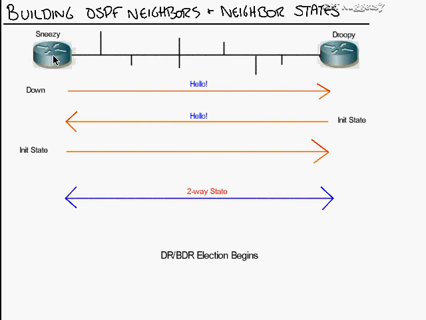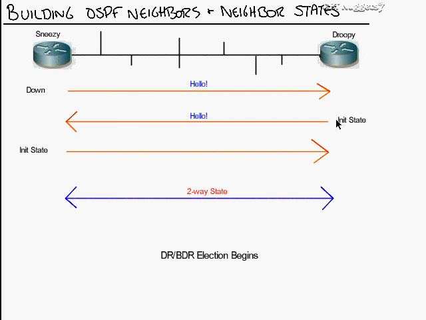I have two routers here. I have Sneezy and Droopy, and they're going to be communicating across a broadcast network. Here's the way it works. This one's down, and let's say we just enabled OSPF, and it sends its first hello message. It happens to reach Droopy before Droopy sends another hello message back. So Droopy is the first one to know about the Sneezy router. It gets this hello message and says, okay, I know about the Sneezy router.